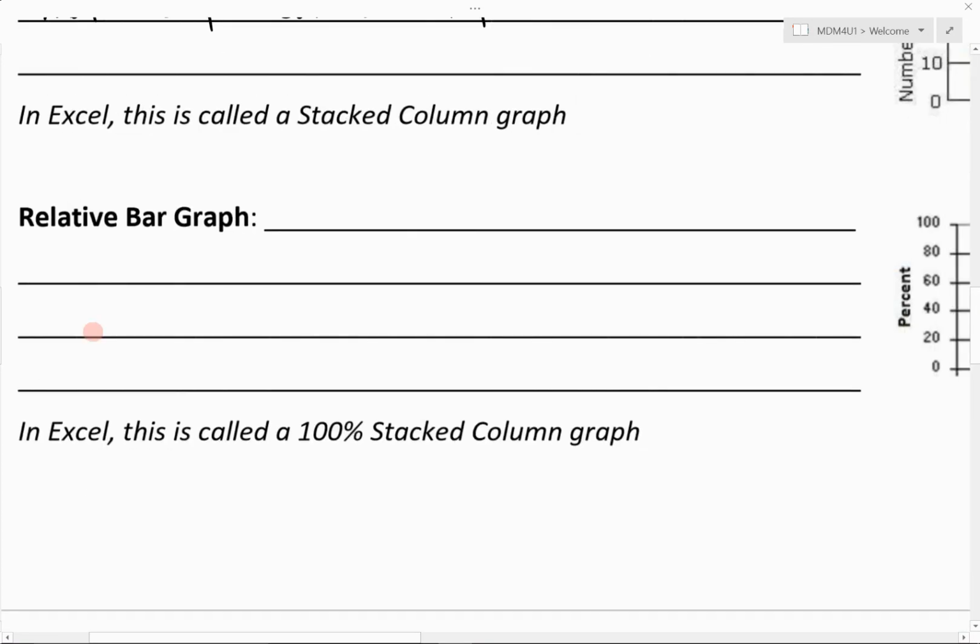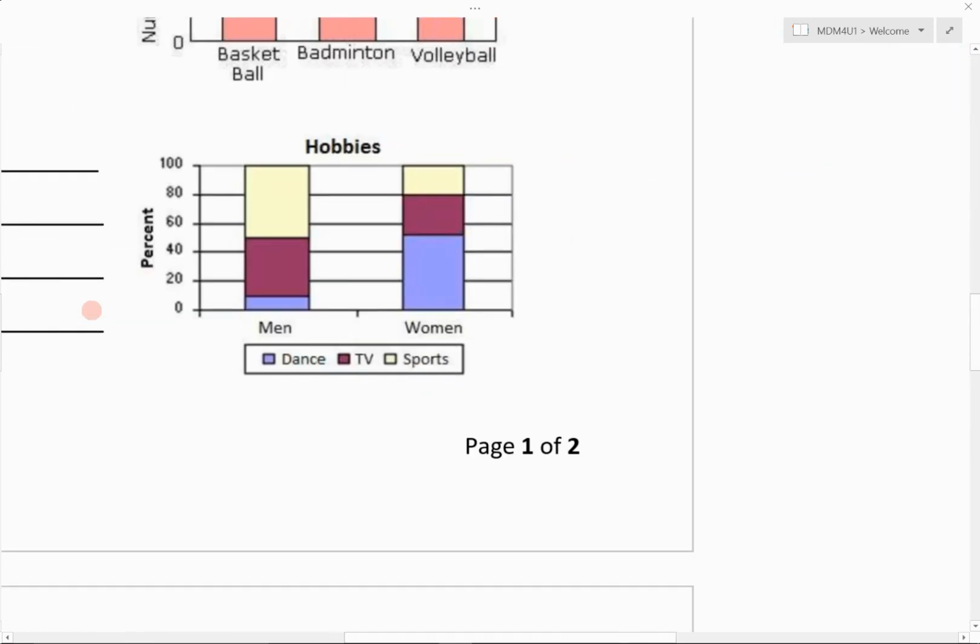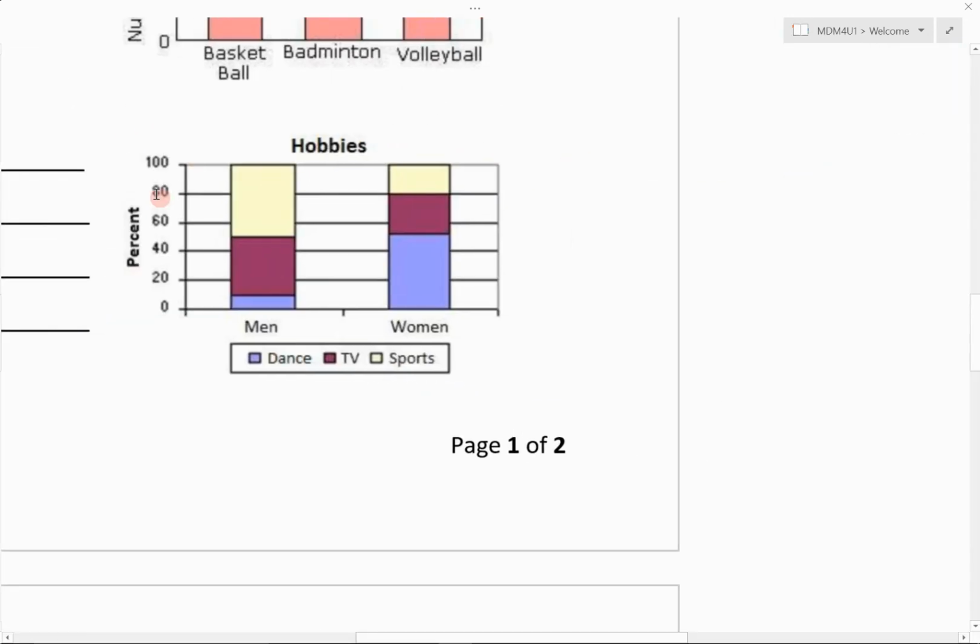All right, my next one is a relative bar graph, different percents totaling. So here it's percentages, and they total up to 100% for each of these different categories. So one for each group, the men and the women, and the lengths again are stacked on top of each other.